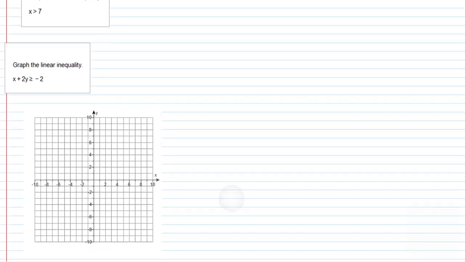And I don't know where my graph, oh, it's down here. Okay. We're going to do this one as x equals 7. I mean, greater than 7, sorry. So in this case, I know that x is always 7 because we treat it like an equation. And this is going to be a dashed line.